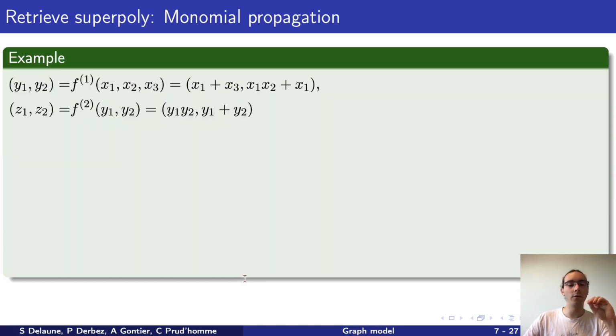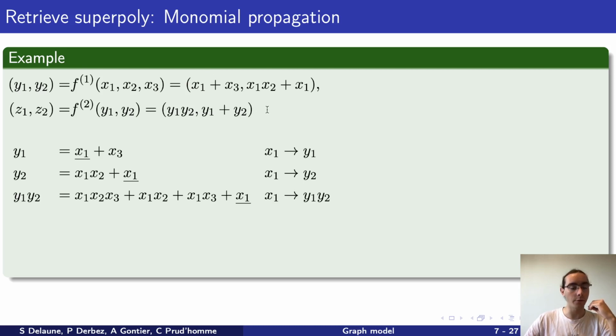To get the superpoly through all the round functions of a stream cipher, we need to propagate each monomial. For example, here I have two functions, and I will propagate the monomial x1 through this round function. First, for the first function, we see that x1 appears in the polynomial of the monomial y1.